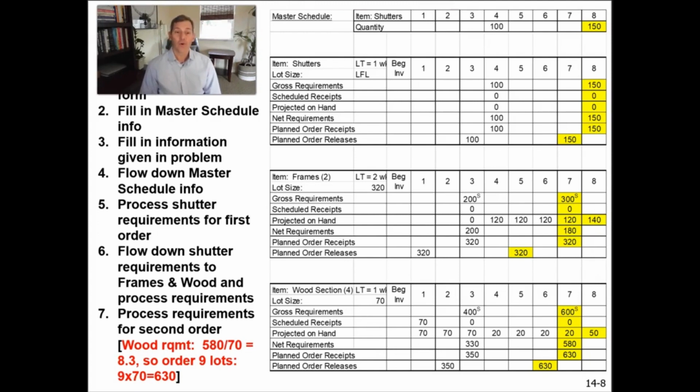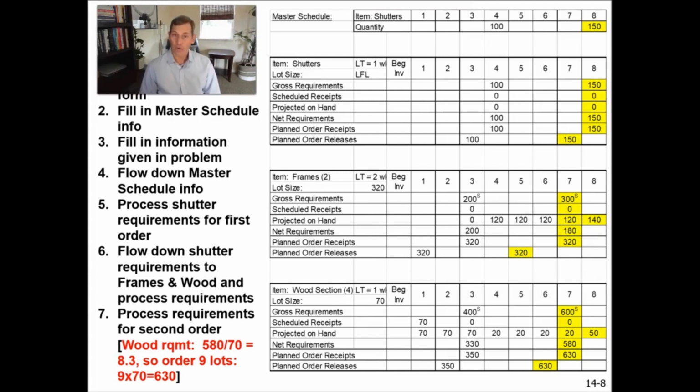So your gross requirements were 300 in week 7. Your 120 frames that were on hand got allocated to that order. So you have 180 as your net requirements. But you can't make or buy 180 because this is a lot size. And that lot size is 320.